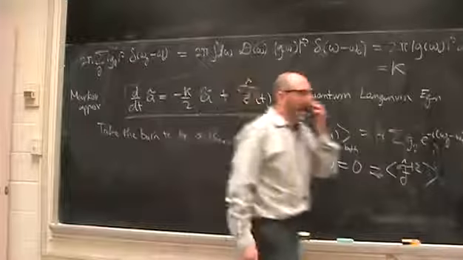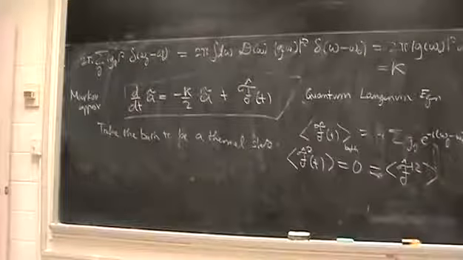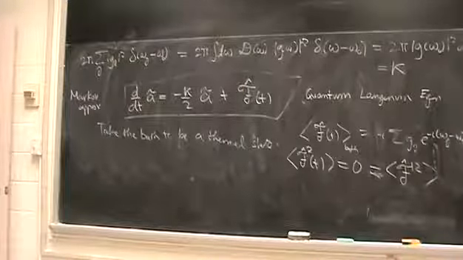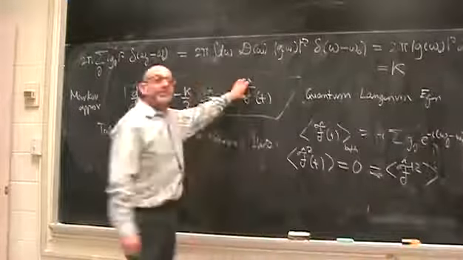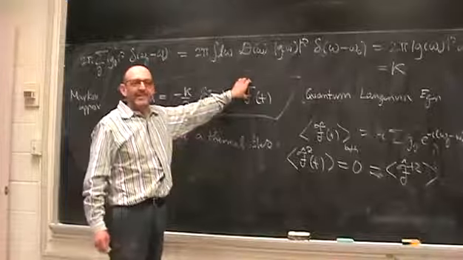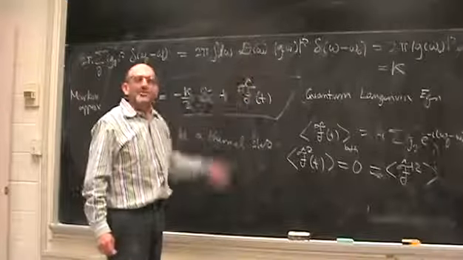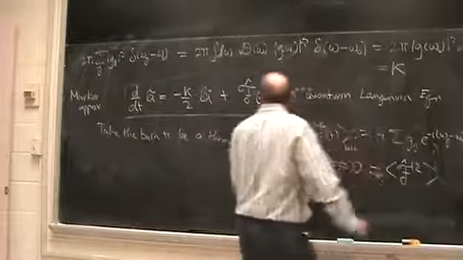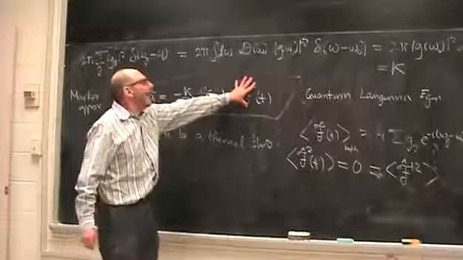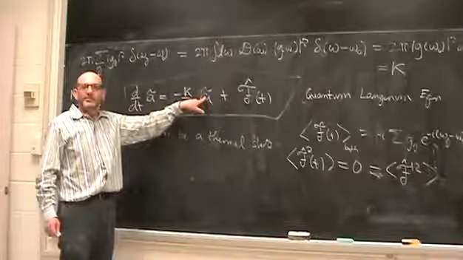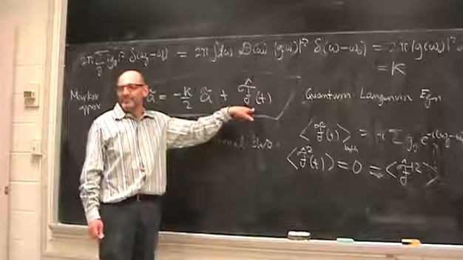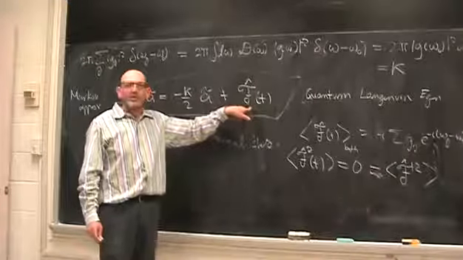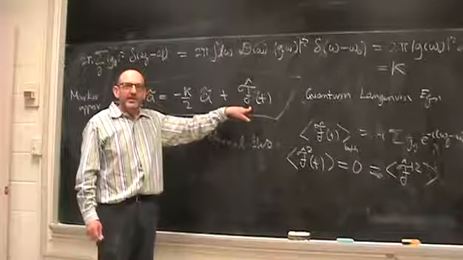What I want to show now is that this fluctuating force rescues the commutation relations, rescues the fact that we don't just decay the fluctuations in this mode, but we replenish them with a fluctuating force.